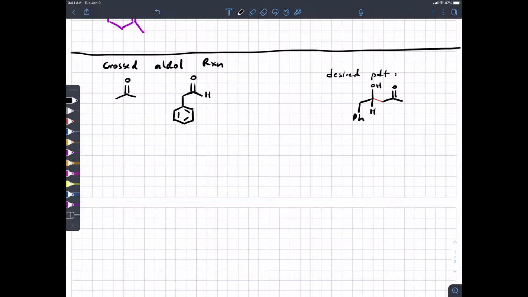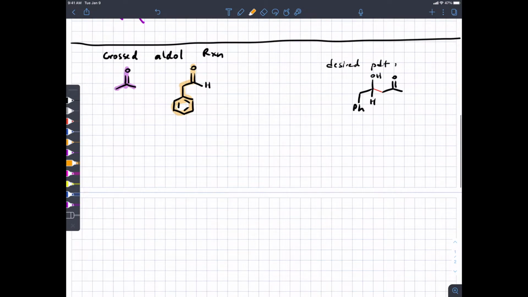I'm going to abbreviate the benzene ring. I guess orange and purple are fine, except I think maybe we did purple here. So I want this portion of my molecule to come from the ketone, and I want this to come from the aldehyde.